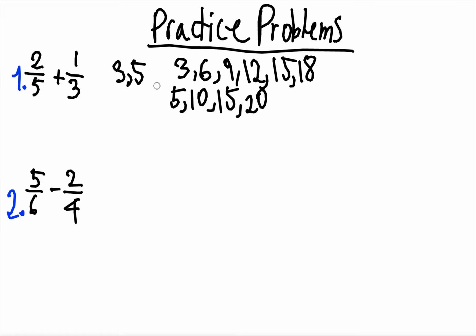So 3, does this set have a 3? No. 6, nope, doesn't look like it. 9, no. 12, there's no 12 in the 5s. 15, oh wait, 15 does. There's a 15 here and a 15 here, which means the LCD is 15.